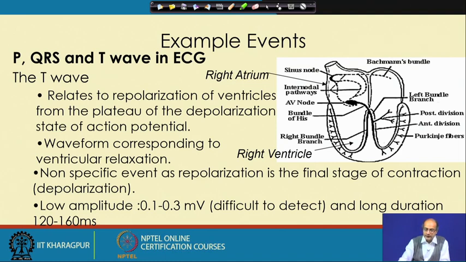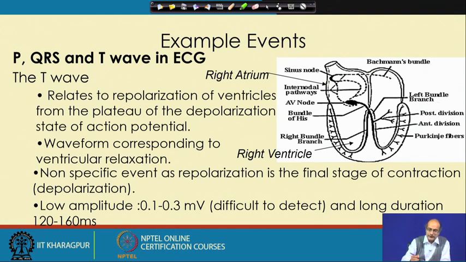This relaxation of the ventricles is associated with the T wave, and again it does not show anything more than that it is the time for the closure of the valve.